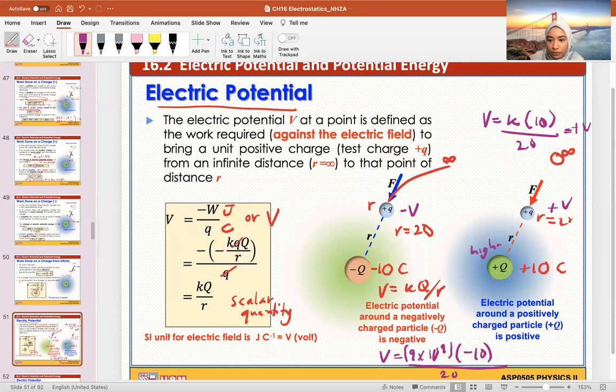For the other, we are moving towards a lower potential, which means that my potential is negative V. Again, when going to a positive source charge, you are going to a higher potential. When you are going to a negative source charge, you are going to a lower potential.